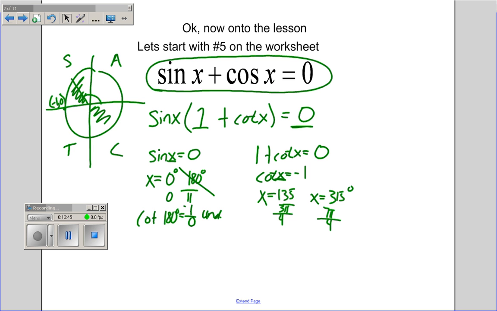So this answer doesn't work. Well, if it's straight across here, this answer also isn't going to work. So the only two answers I have for this problem are 3 pi over 4 and 7 pi over 4.